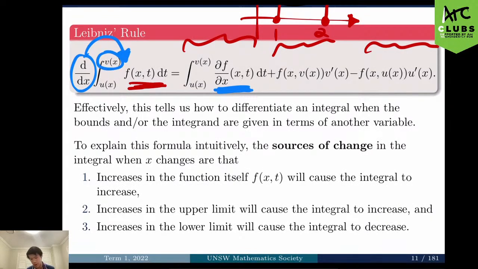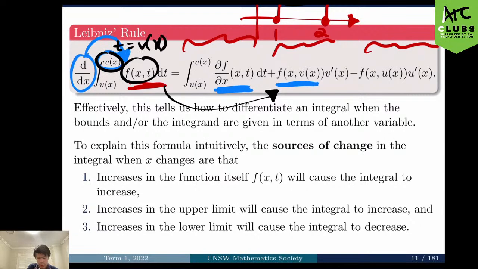The next thing that we do is we say, okay, what happens if the bounds change? If this bound increases, then, well, the integral will also increase as well, right? So that's what this term is. All you're doing over here is going from f(x,t) to f(x,v(x)). And that just means you're subbing in t equals v(x), right? So basically you're just subbing this top bound into this formula.